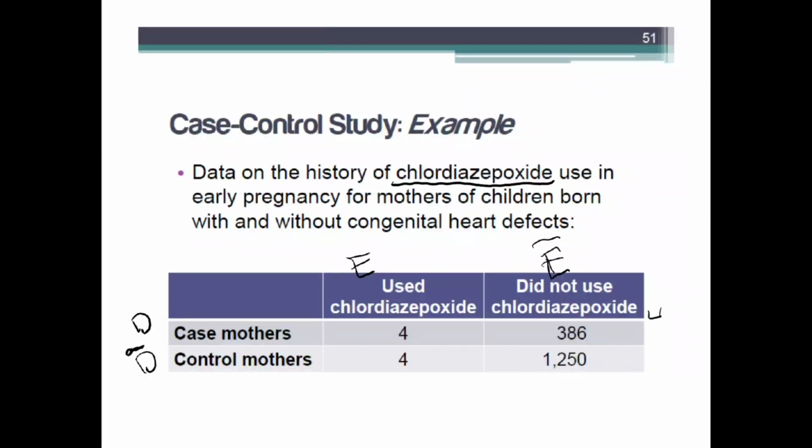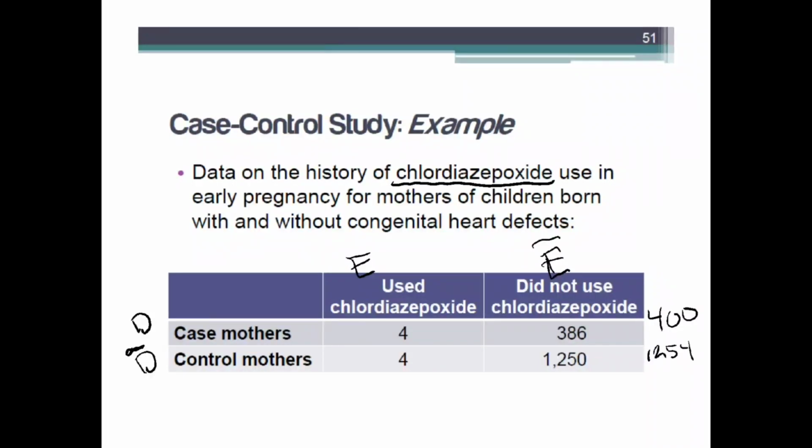Okay? So, ito 400, and then ito is 1254. So, compute nyo muna yung sa taas.